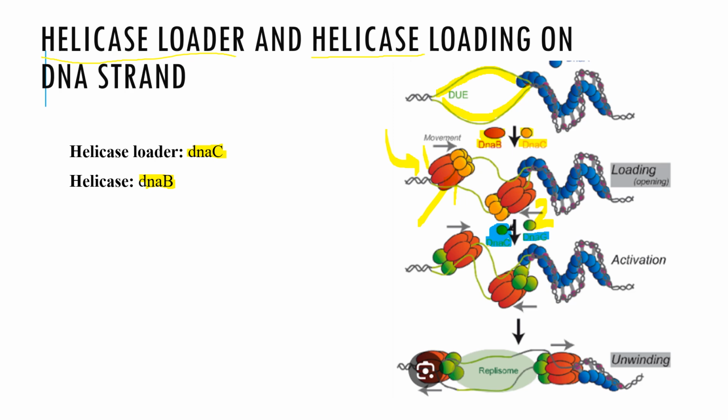So this is about the helicase loader. In prokaryotes, the helicase loader is DNA C and the helicase is DNA B, and for loading of helicase DNA B, DNA C is required. After performing its function, DNA C will leave the DNA strand and the other processes will be carried out by their respective enzymes.